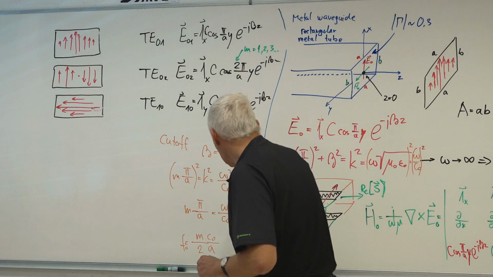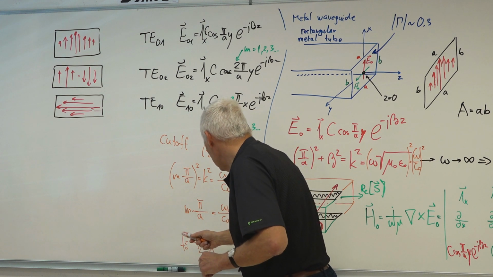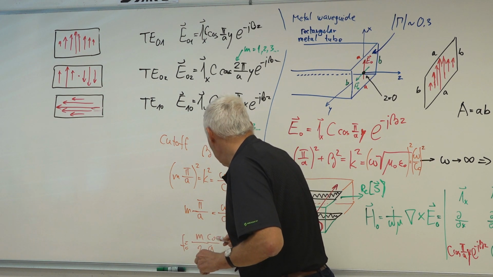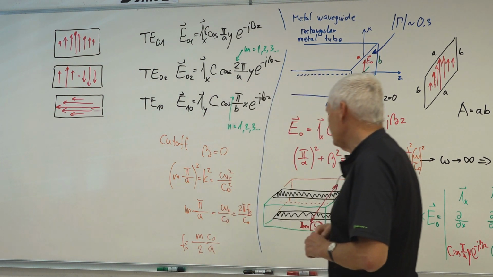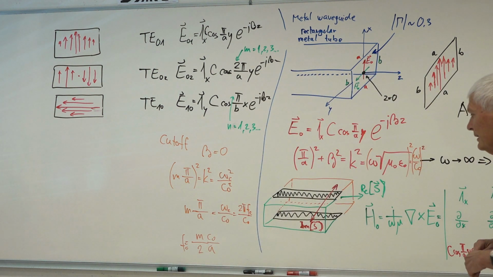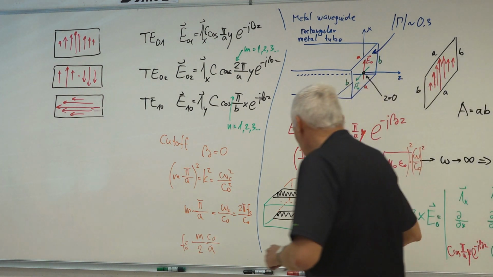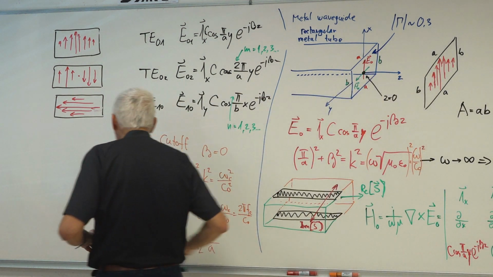Hope I wrote everything down correctly. So 2 goes here, p goes in the denominator, cancels out, a stays where it is. Okay, so now we know what the cutoff frequencies are.